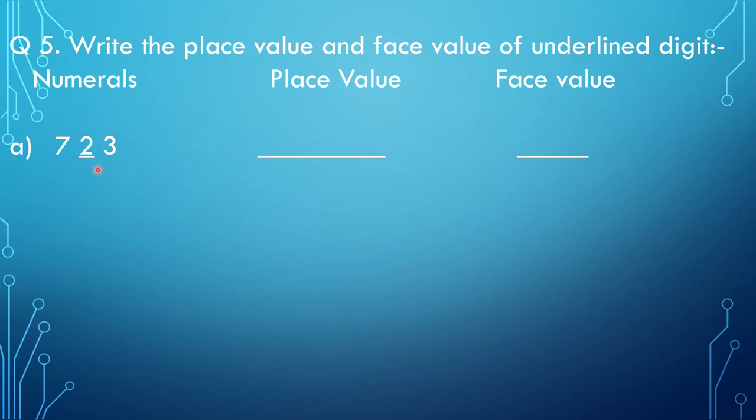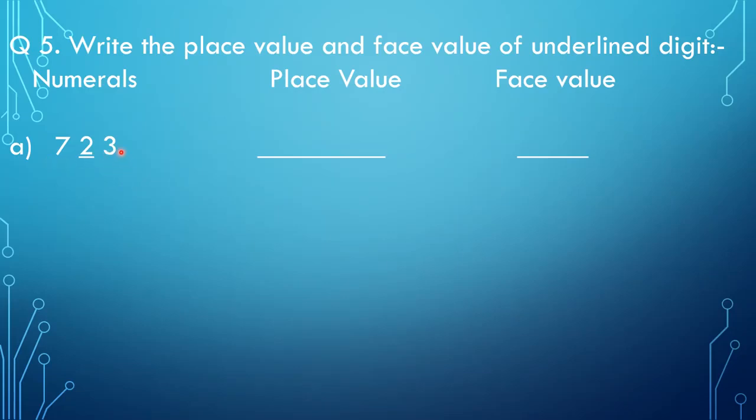Underlined digit means जिस digit के नीचे line लगी हो. Okay beta. So here we have to write the place value of 2 and face value of 2 in 723. हमें 2 की प्लेस वैल्यू बतानी है 723 में और फेस वैल्यू भी बतानी है 2 की 723 में.